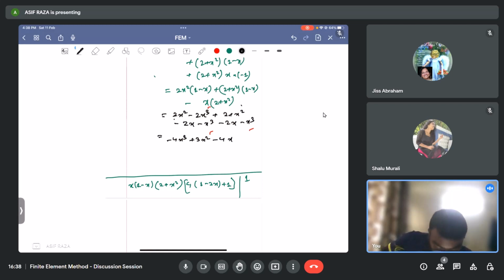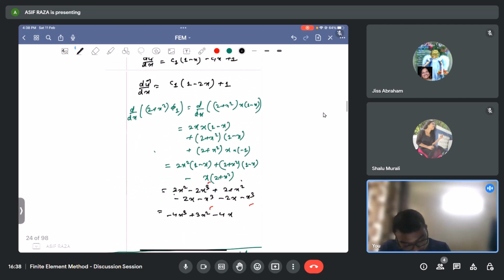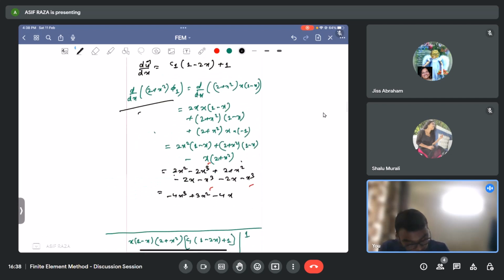I hope this is correct. If you guys find any typo mistake, please do inform me. So this is what we get as the differentiation of this.